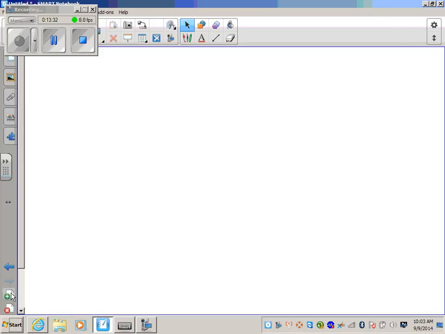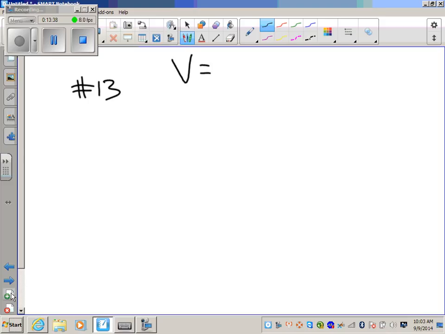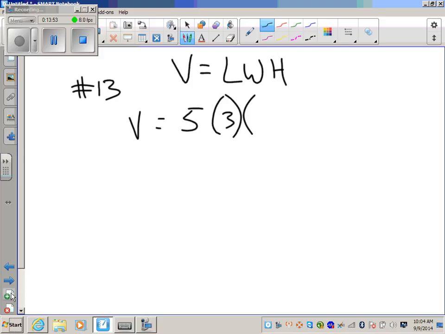Let's take a look at number 13. The formula, volume is equal to length times width times height. Number 13 says, find V if L is 5, W is 3, and H is 4. How are we going to find V?